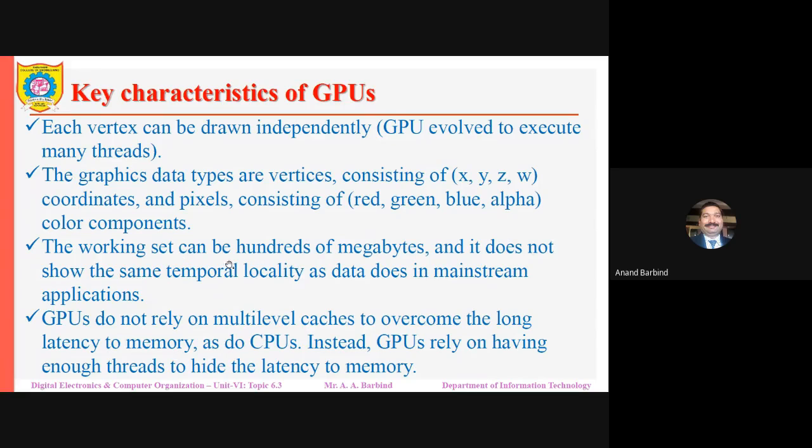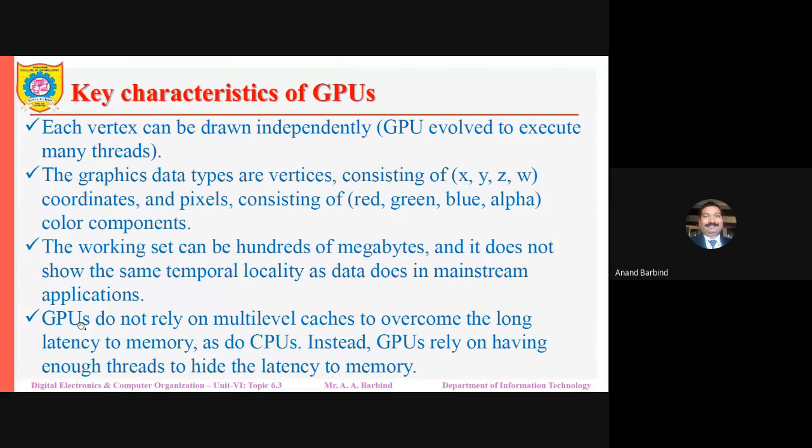Because of this particular characteristic, the CPU uses caches. Because the same data is required again and again, the CPU uses the caches. But the GPU works with a large amount of data, and once some data is processed, it need not process that data again, but needs to process a large amount of other data.